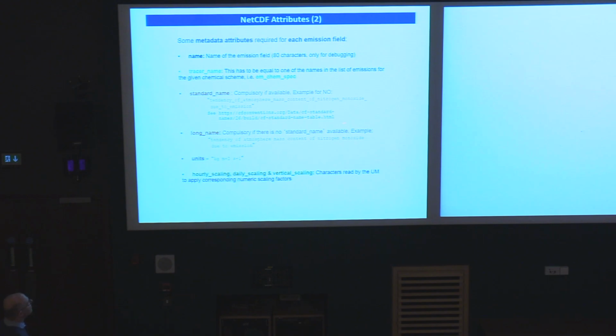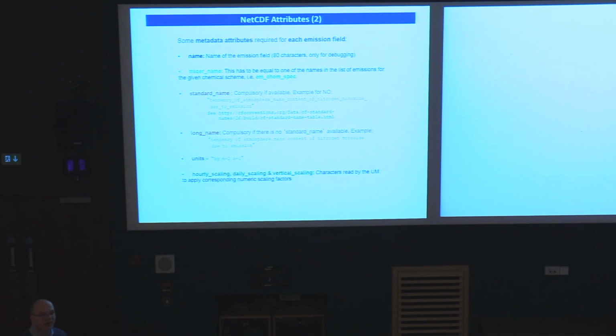A whole listing of the standard names that currently exist can be found here on this website, and you will find that not all emissions that we have in the model will have a matching standard name yet. These tables are being updated and more is being added to them. However, if there is no standard name available, you cannot just make one up similar to this.